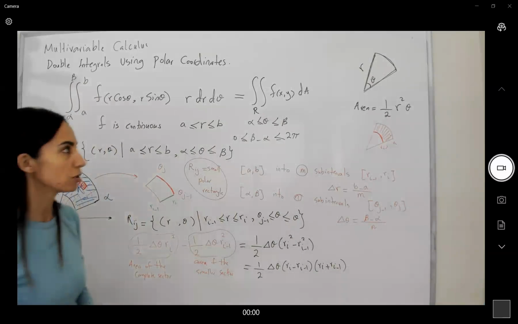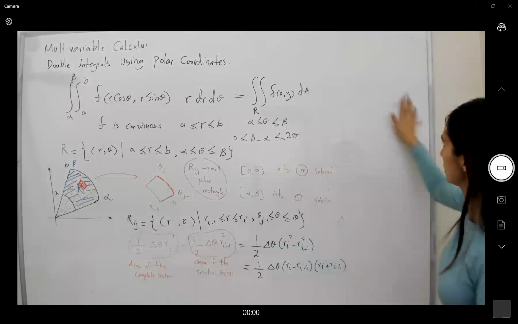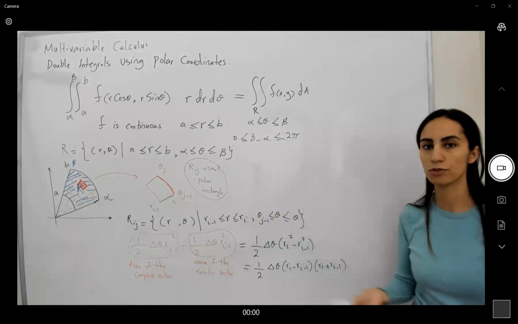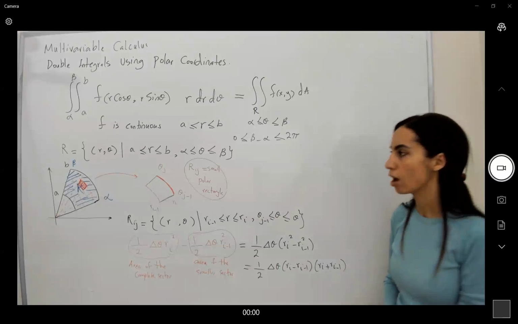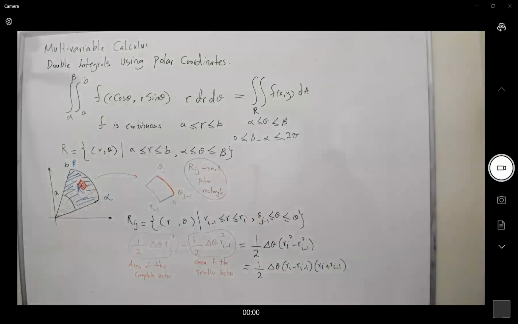So I'm going to erase this one, and I'm going to write a little bit of new definition. I'm going to try to define the center of this little part of the region here.